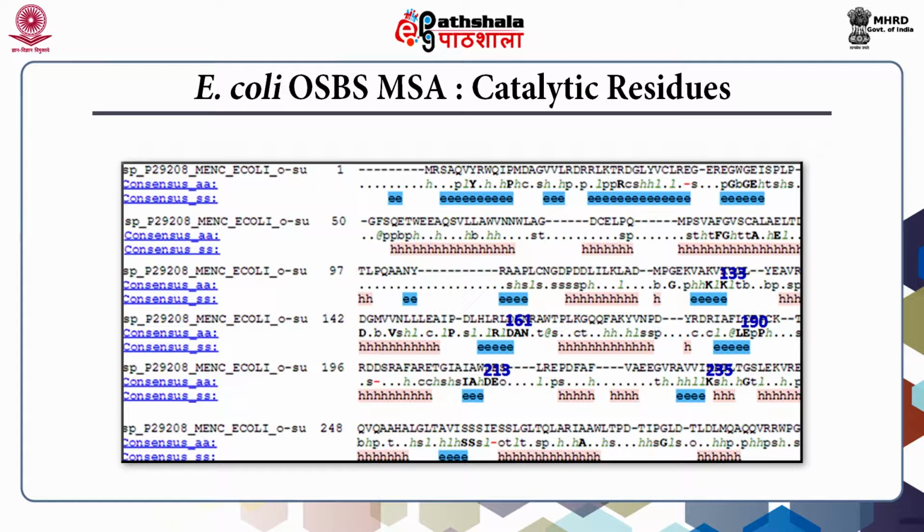Therefore, if a mutation at any of these conserved residues abolishes the activity completely, that means the residue is actually involved in the chemical mechanism. Consequently, PROMALS3D MSA can be used for identification of catalytic residues in enzymes for which catalytic residues are not yet identified. So, if mutation at identical, conserved positions leads to abolition of activity, those positions are actually involved in chemical catalysis.